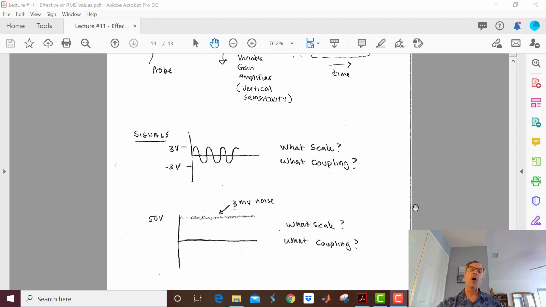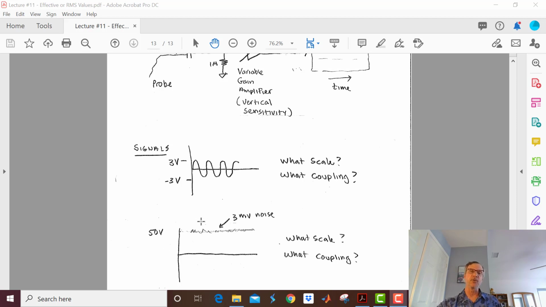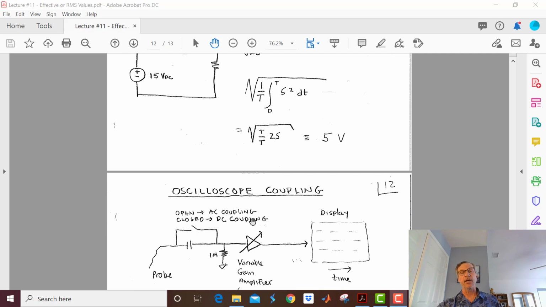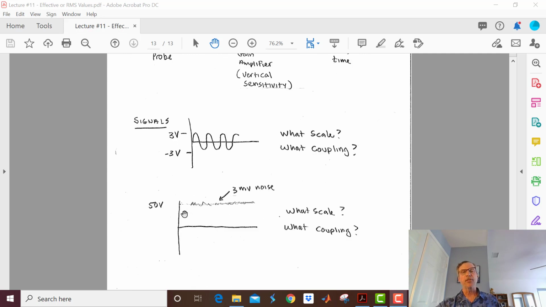But here's why it's got that switch. Let's say that I have a signal that has a 50 volt DC offset, or in other words, this is 50 volts of DC, and then riding on top of it, I've got about 3 millivolts of noise. And I want to really look at that noise because I want to figure out what it is.